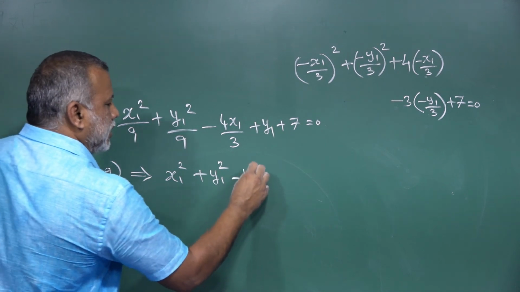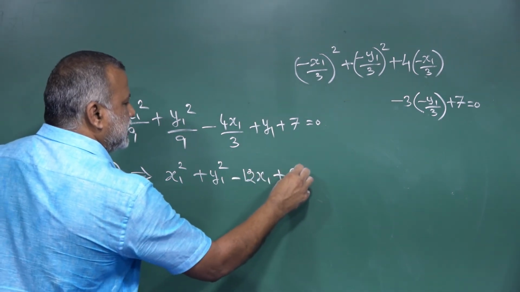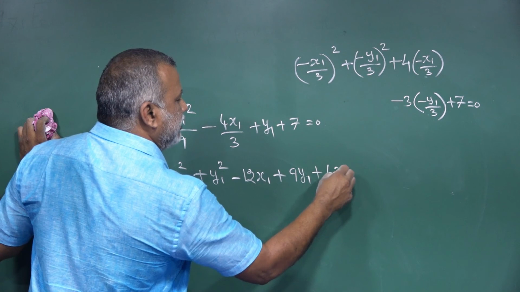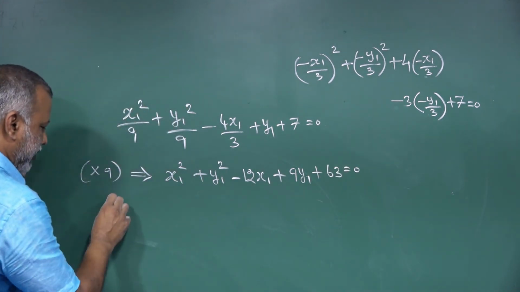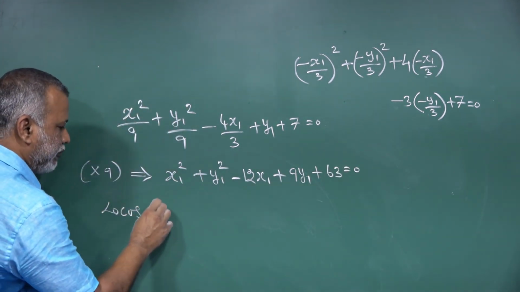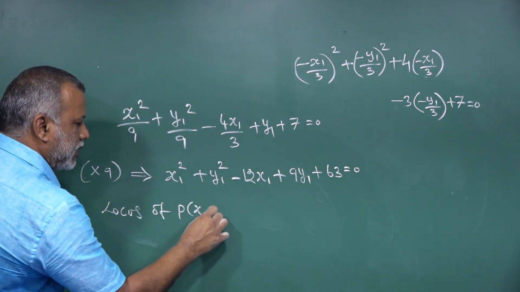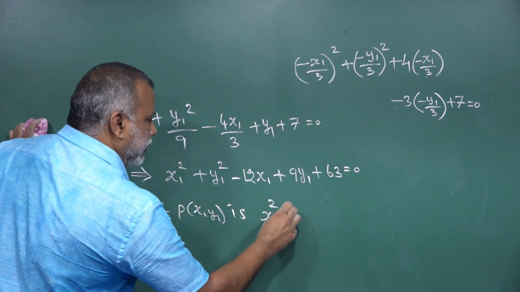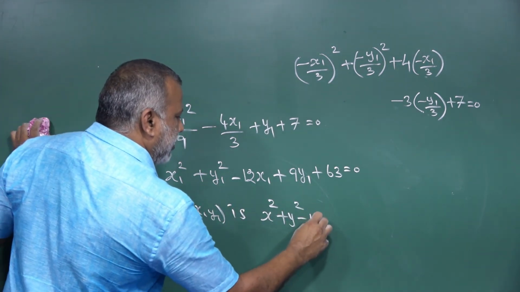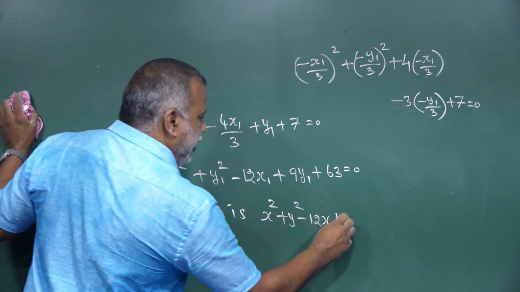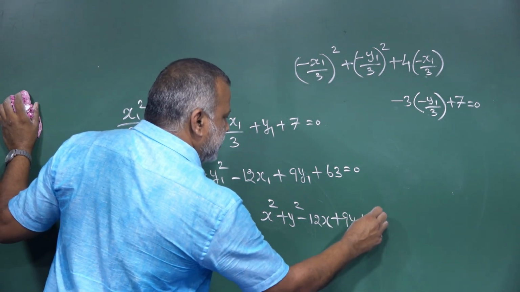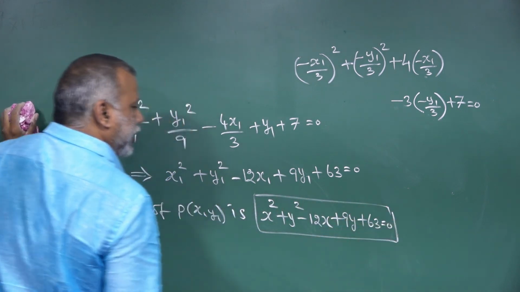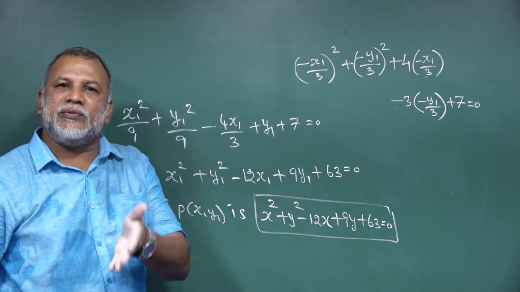Again we can get 12x1 plus 9y1. 9 times 7 we can get 63 equal to 0. Therefore, locus of P of x1 comma y1 is x squared plus y squared minus 12x plus 9y plus 63 equal to 0. This is the required equation of the locus of the point.